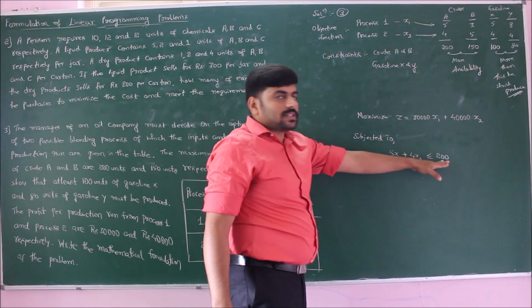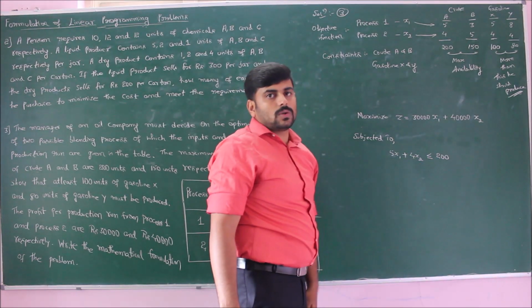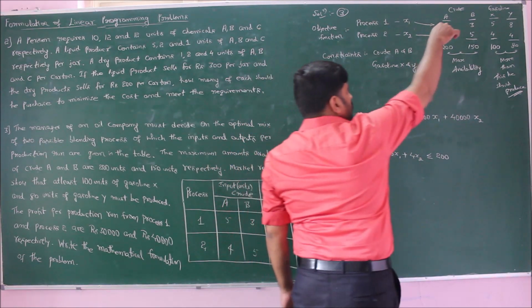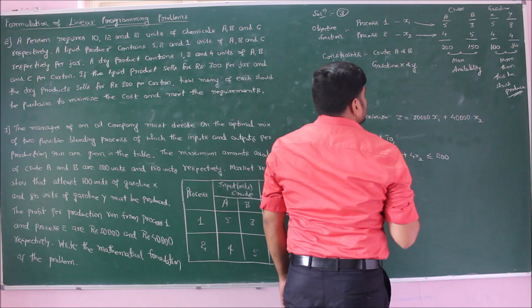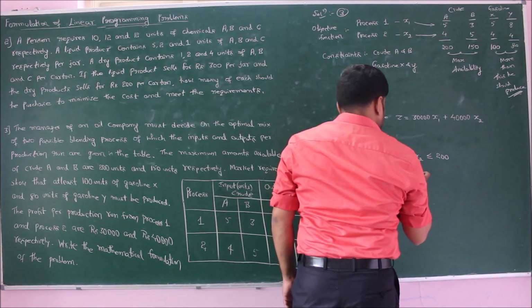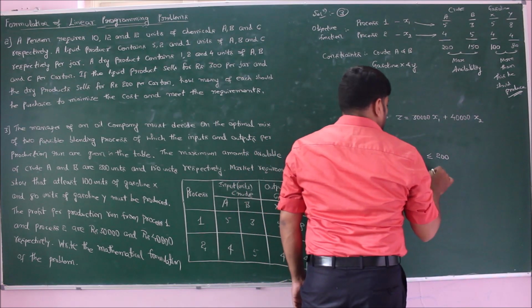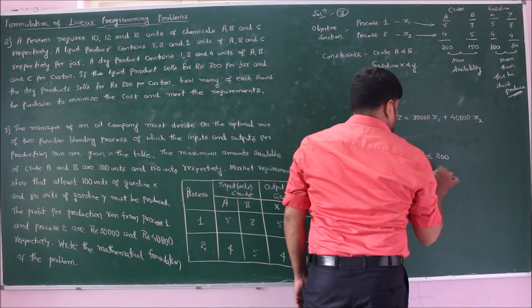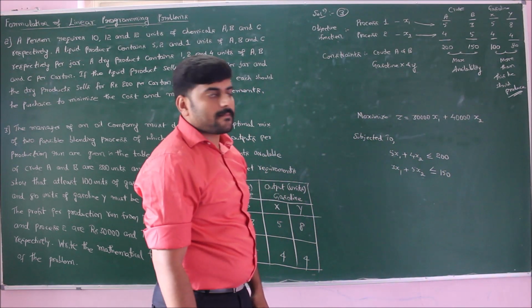Since availability itself is 200, you cannot use more than that. Therefore, it is less than or equal to 200. Coming to crude B, 3 units is the requirement for the X1 process, 5 units is the requirement for the X2 process. The availability is 150, so you should use less than or equal to 150.